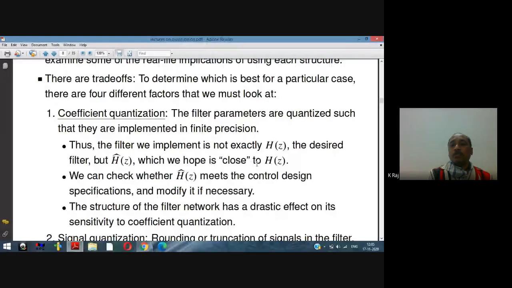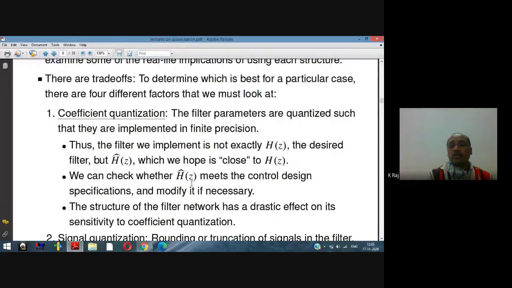And as it is closer to H(z), the design, the quantization concept, will be better. But if we try to achieve exactly the same performance as in the case of H(z), it will be more and more complex and costlier. So there is a need for a trade-off between the coefficients of H(z) and H cap(z).